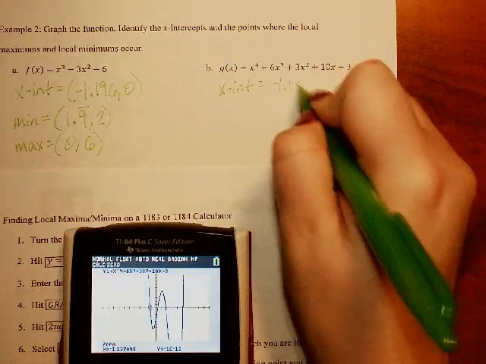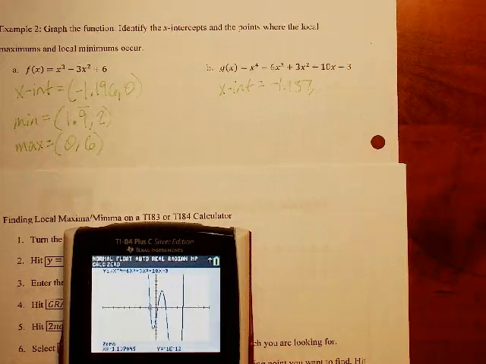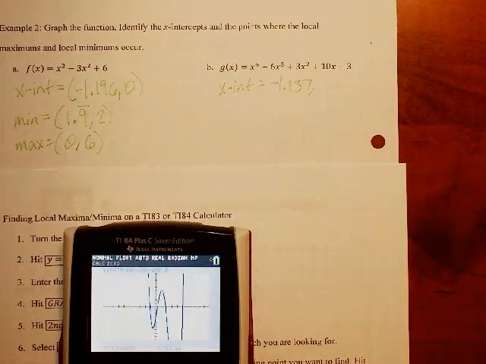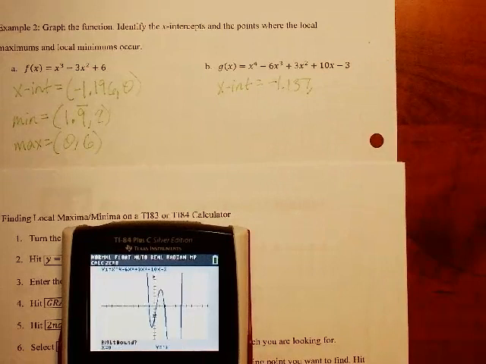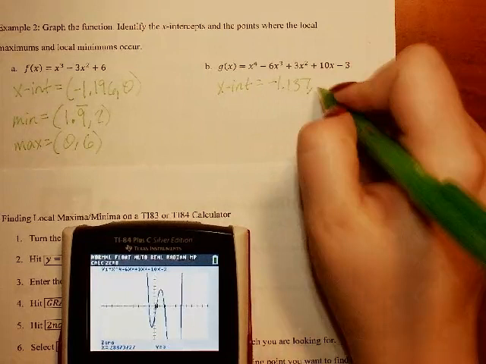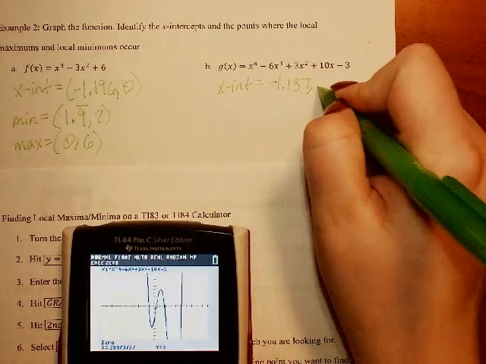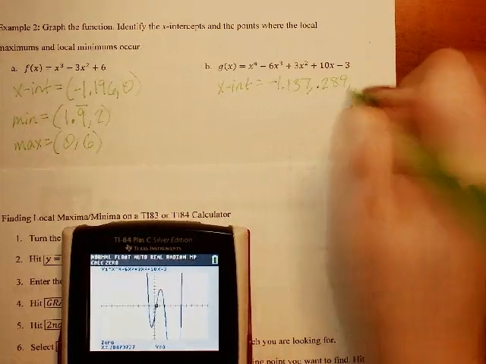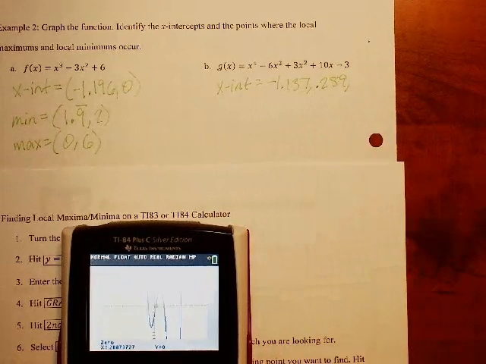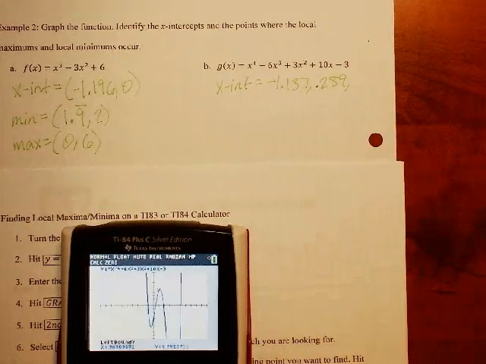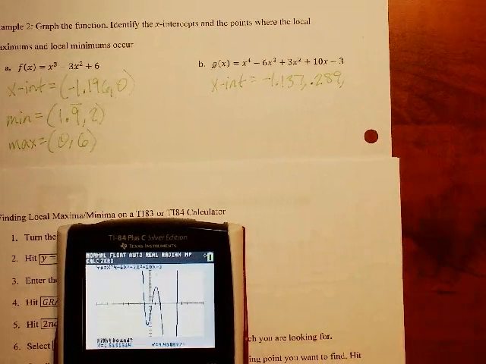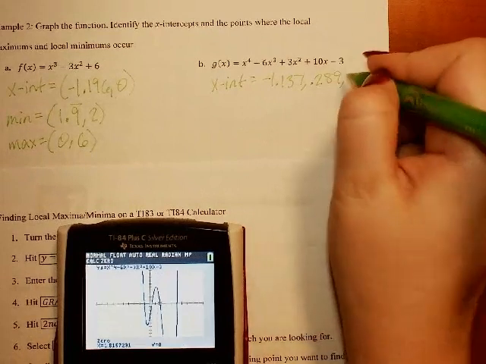1.137. Second trace, zero. I'm going to go left of this second one, and then right of it, and then as close to it as I can get, and I get 0.289. And then second trace, going left of this one, going right of it, guessing, I get 1.816.